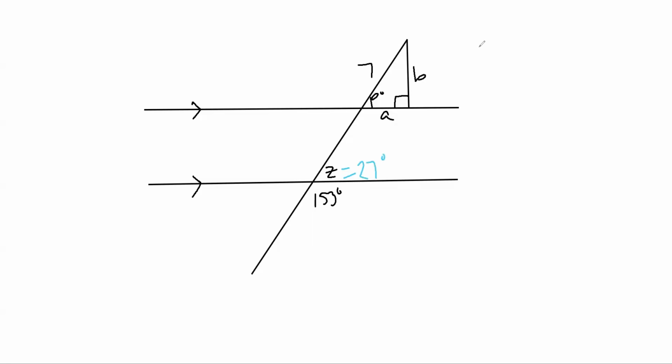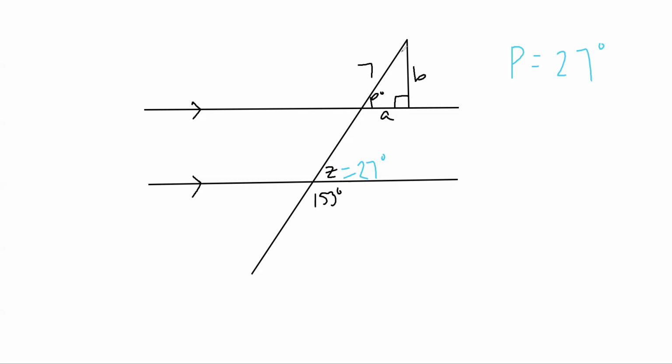Not something really difficult, but I need this 27 degrees, because in my right triangle here, 27 degrees is a corresponding angle with angle P. So angle P and Z are in corresponding positions, so they're congruent. So angle P also has a measurement of 27 degrees.